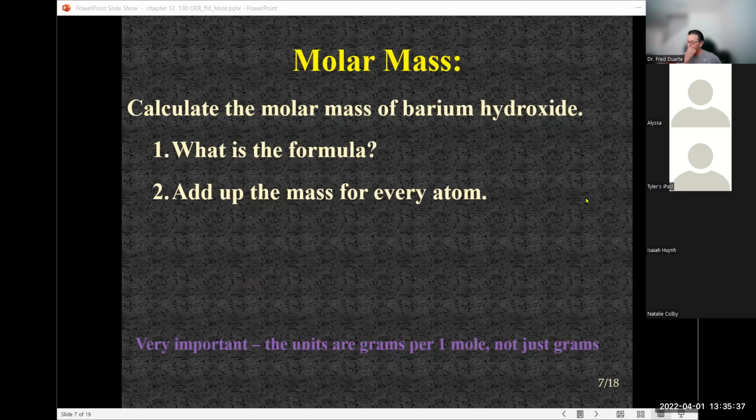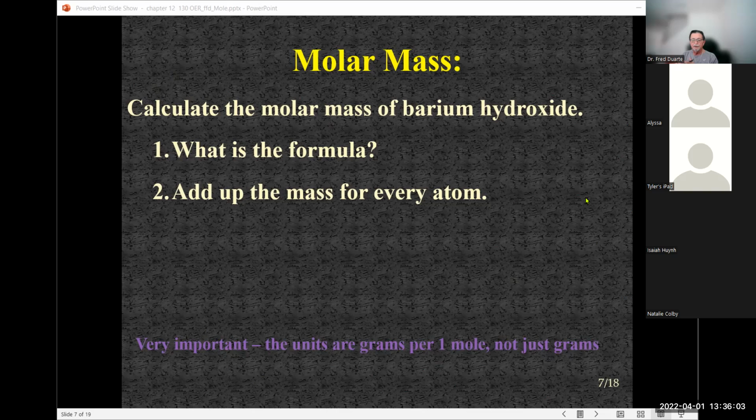All right, so when we get to what's the molar mass, we need to determine the molar mass. Well, they will give you the name of the compound. And here's where your nomenclature comes into play, because from the name, we need to figure out the formula, because from the formula, we figure out how many atoms of each we have, which then, based on the atomic weight of each atom, gives us the molar mass.